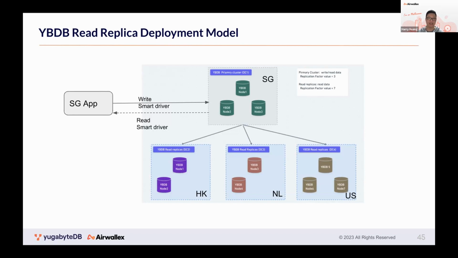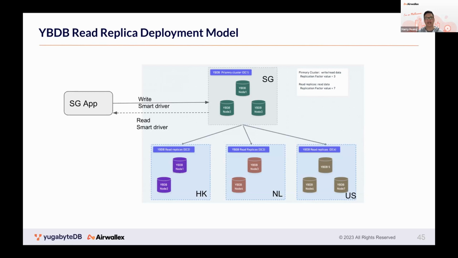We have a cluster in Singapore as the primary cluster, and we have clusters in other data centers like Hong Kong, US, Netherlands, because all this data is used to, for example, approve transactions, fetch your pricing, etc. So it's critical to have fault tolerance, low latency, everything.